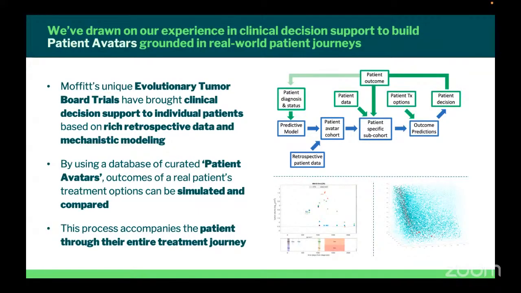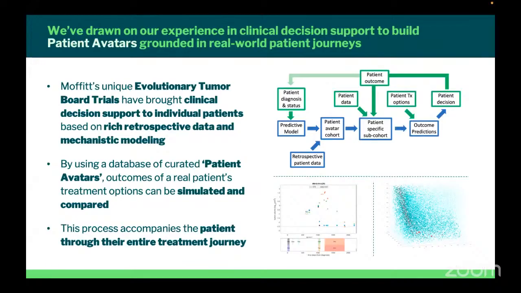call the evolutionary tumor board, which is essentially an extension of the traditional tumor board concept where oncologists and other physicians will gather to discuss individual patient cases where there's no clear pathway and there might be multiple choices of what to do, or they've been through the standard choices and need to figure out what to do next.